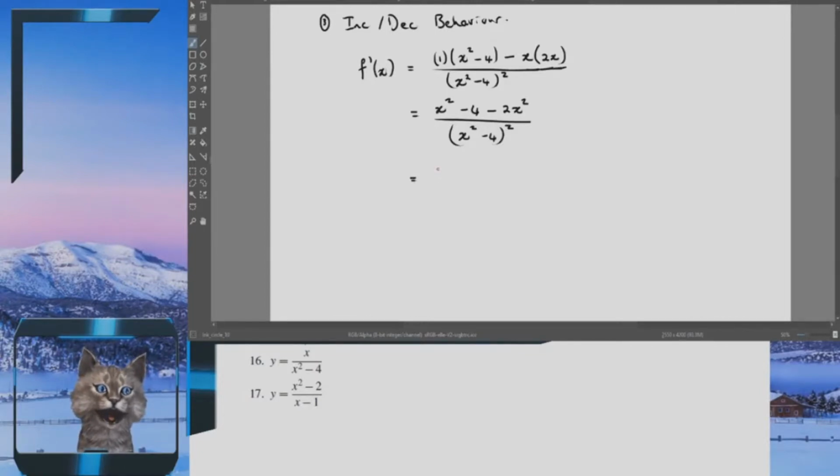Let's clean up the numerator a little more. Let's write it like this first. Let's just see it. Negative x squared minus 4. We can take out a negative 1, and then it becomes x squared plus 4 over x squared minus 4, everything squared.